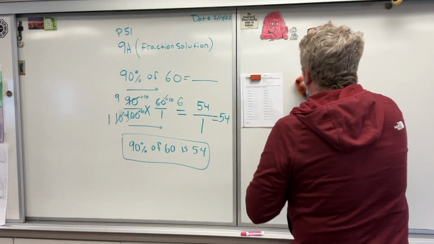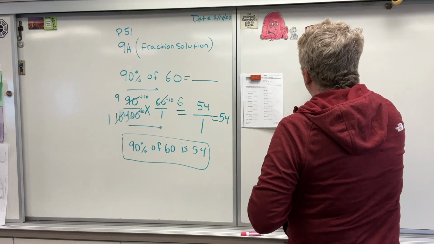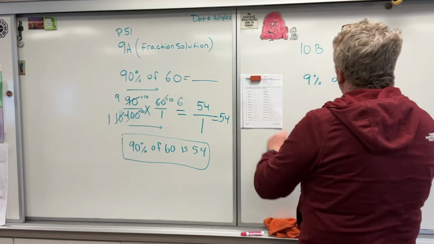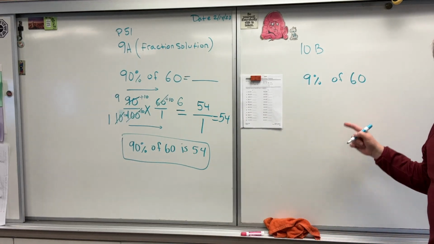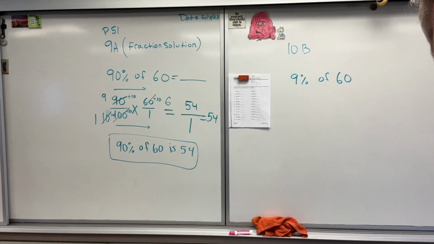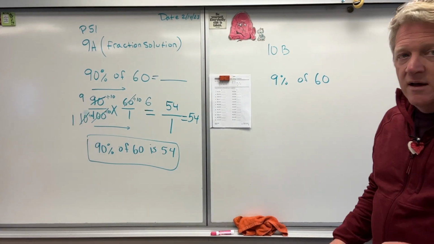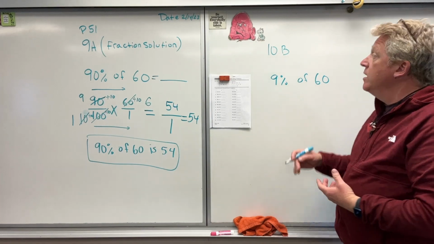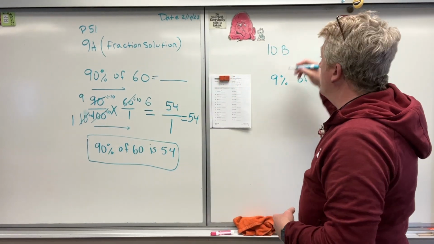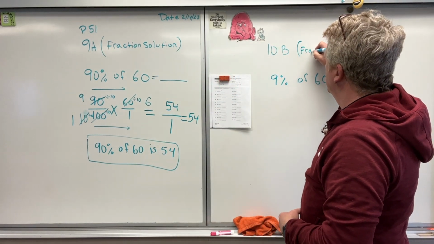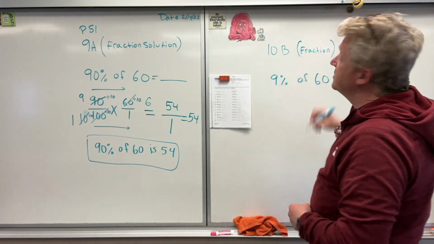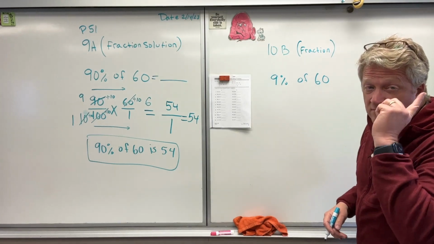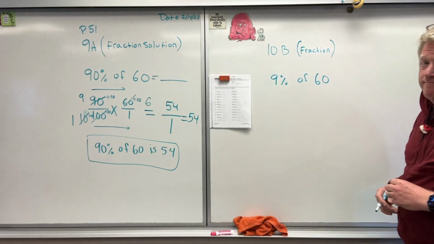Let me try that 9 a little better. 9% of 60. All right, pause the video, solve that question, then unpause the video and see if you got what you got. All right, both of these questions, I'm wanting you to use a fraction to solve it. All right, pause video, solve it, check it, turn the video back on, and let's see.